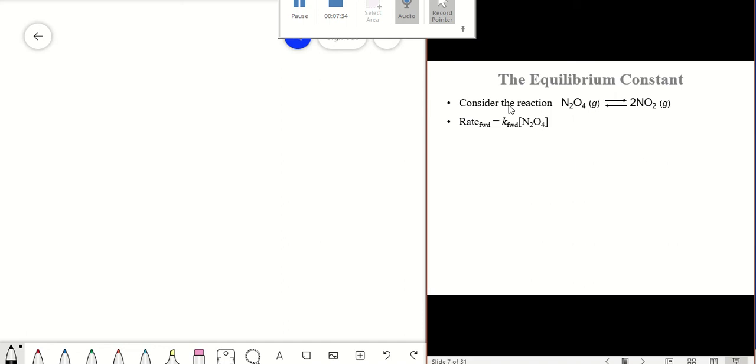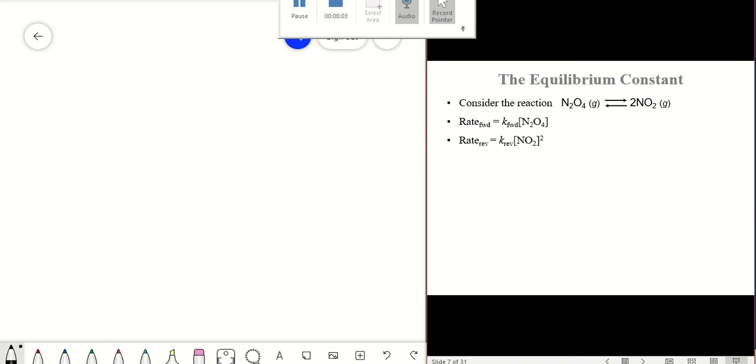Similarly, can we write down the rate of reverse reaction? The rate of reverse reaction in this case would be equal to the rate constant for the reverse reaction times the concentration of our reactant, which now, since it's a reverse reaction, is NO2, raised to the power 2, the stoichiometric coefficient, again because this is an elementary reaction.